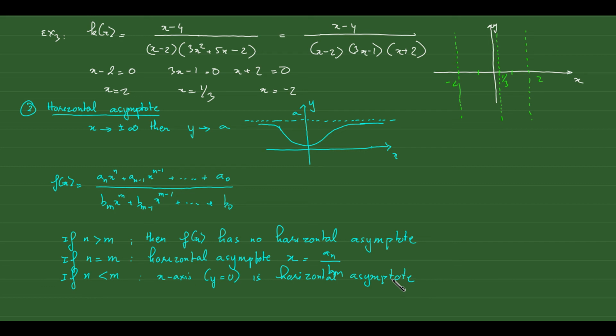Okay. For example, what if I have something like this? I have f(x) equal to x squared plus 1 over x to the 4 plus 1.